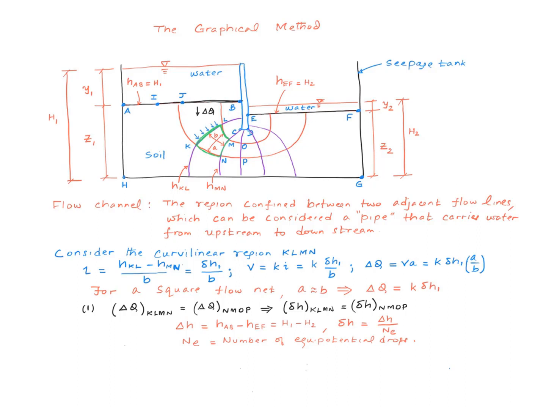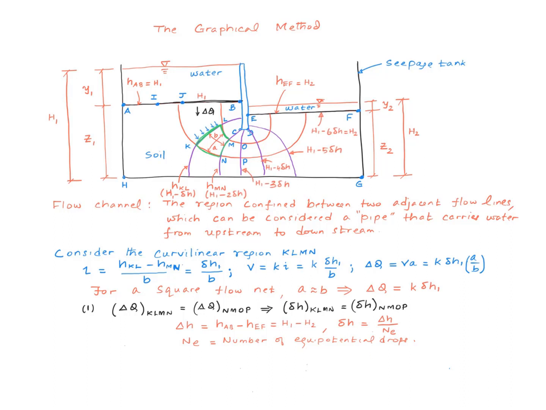And there are 1, 2, 3, 4, 5, 6 equal drops, and we'll call that N_E. N_E is the number of equipotential drops. So all we have to do is take this difference between the upstream and the downstream side heads and divide that by N_E. We get the little delta H, which is the head drop between two adjacent equipotential lines.